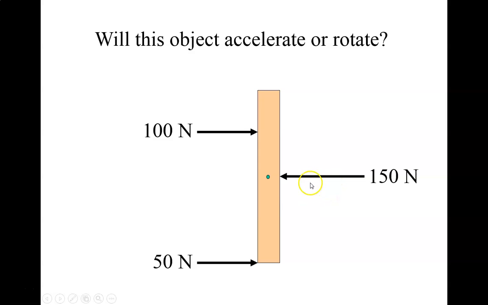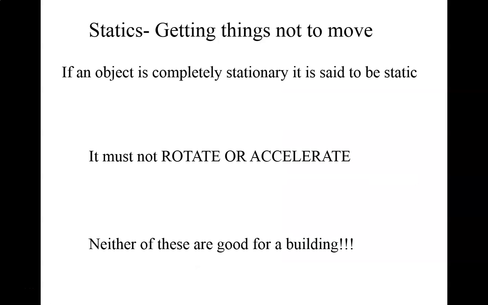Will it rotate? Well, this one has 50 Newton meters of torque. This one has 50 times a half a meter, 50 Newton meters of torque. These two torques are going to cancel, clockwise and counterclockwise. This one's not going to create any torque, and so it's not going to rotate. So this one would fulfill the criteria of being static.